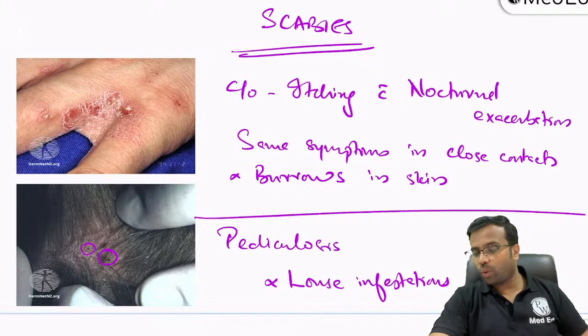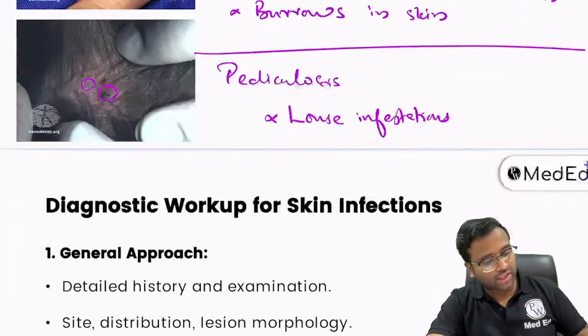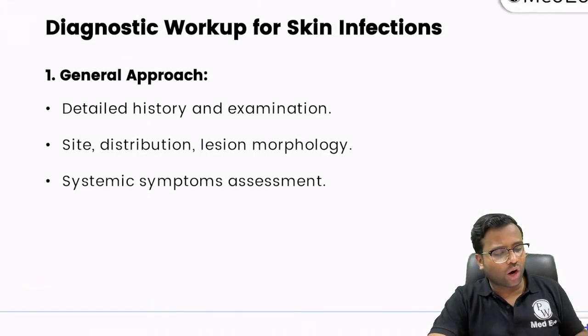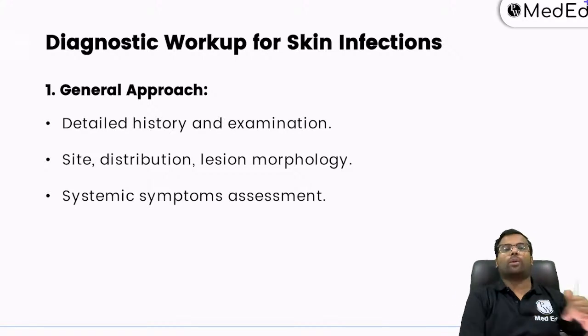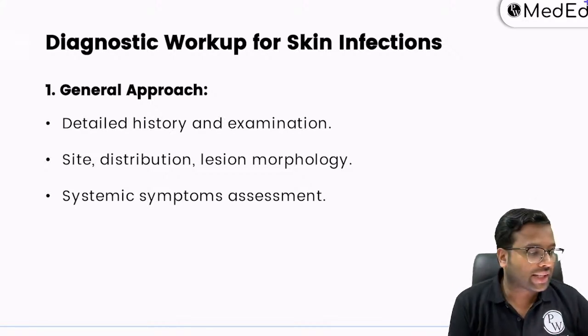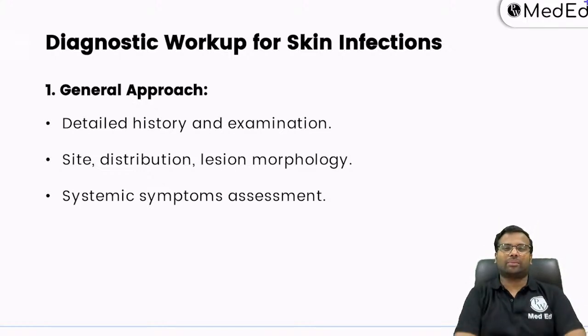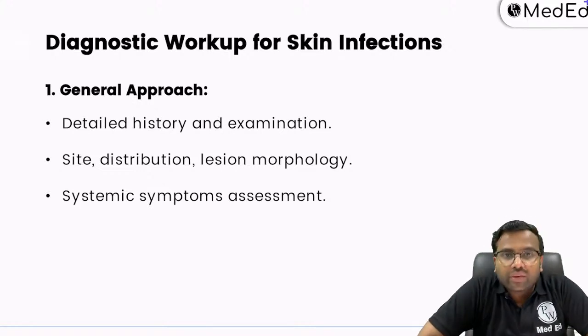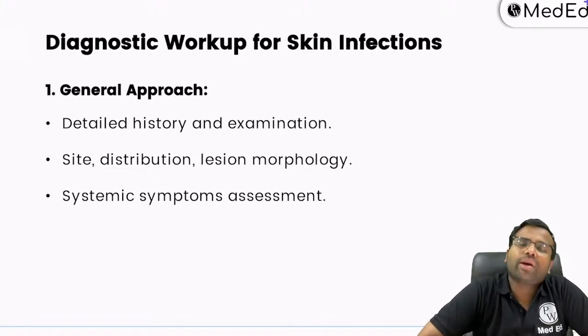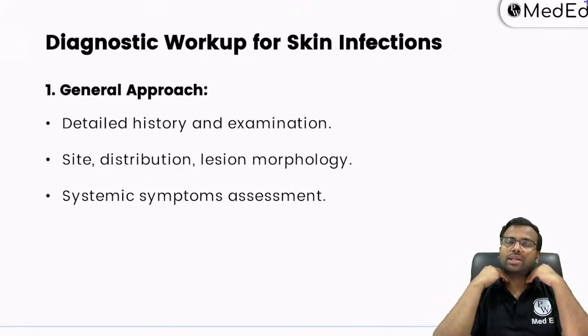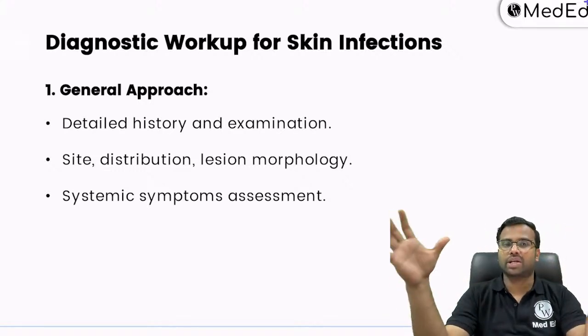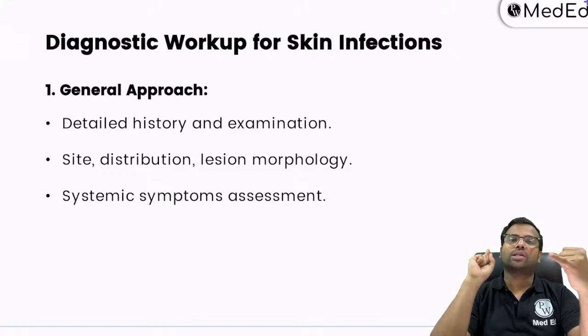So now once we have discussed all these things together, let's see what our diagnostic workup should be for these skin infections. When you see that the patient is having such a diverse presentation, what we have to do is when a patient comes, take a nice history, do a lot of probing, and ask a lot of questions.